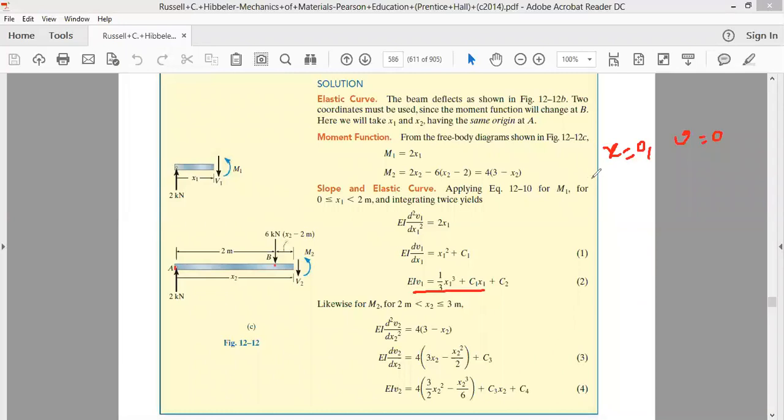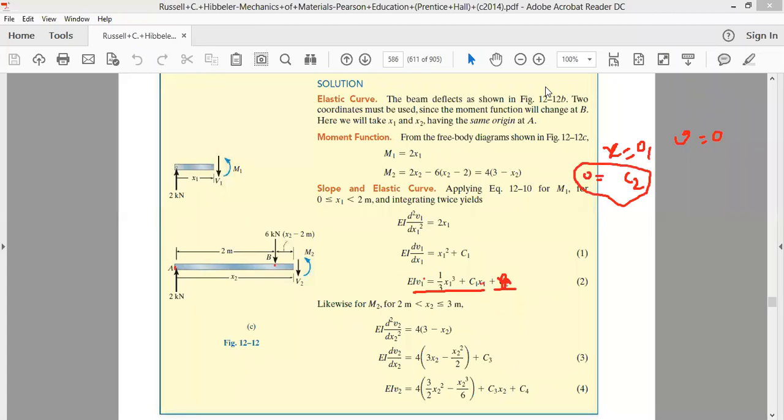The value of the deflection is 0, therefore the left hand side is 0. Since x is 0, from this equation you will get the value of C2 equal to 0 directly. Once we substitute x equal to 0 and nu equal to 0, what remains is C2, so C2 becomes equal to 0. Therefore we have obtained the value of C2 equal to 0.